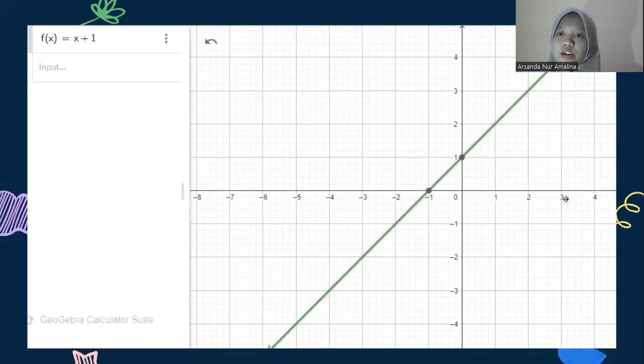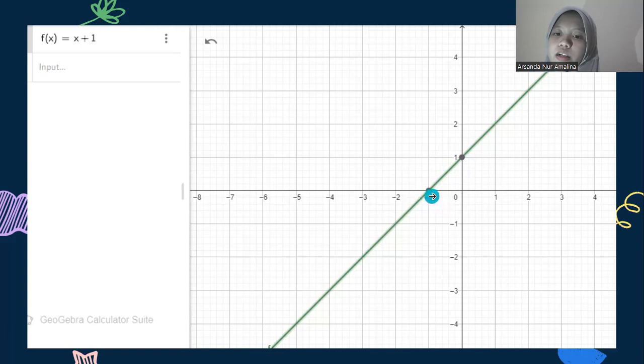So here is the graph for the function x plus 1. If we substitute x equal to 0, we get y equal to 1, so we place a dot here. If we choose x equal to -1, we get y equal to 0, so we have the ordered pair (-1, 0).